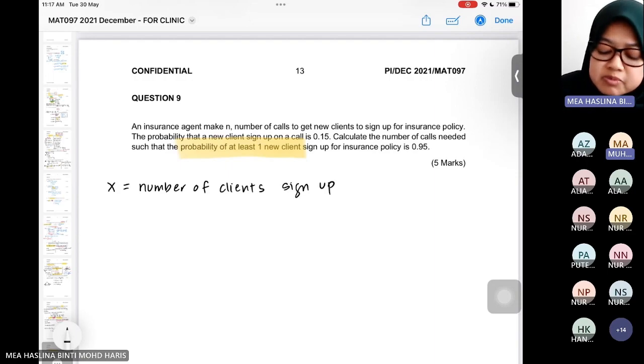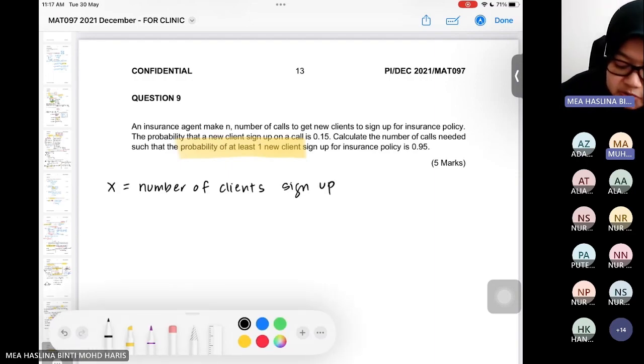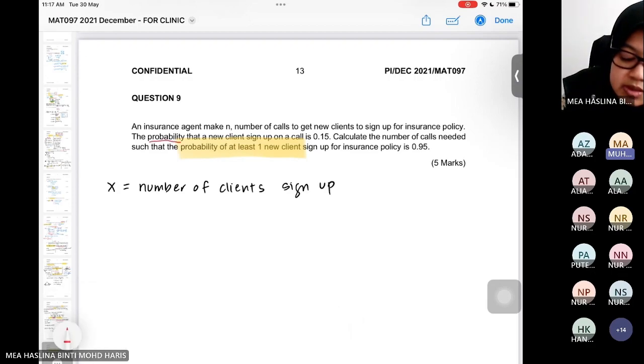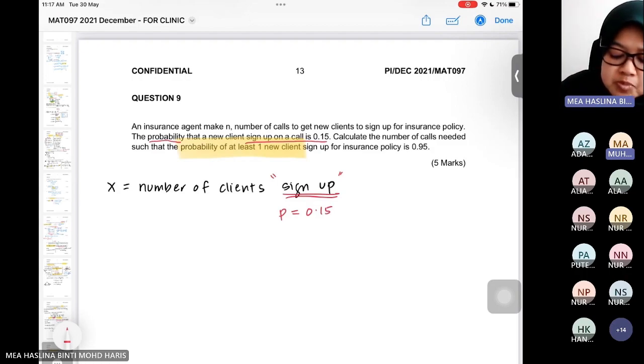Why do we relate with number of clients signing up? Because we have the probability of signing up on a call, 0.15. So sign up here is referring to the success event. So we have the P already, 0.15. But the question mark is we do not have N, because number of calls is N, unknown.